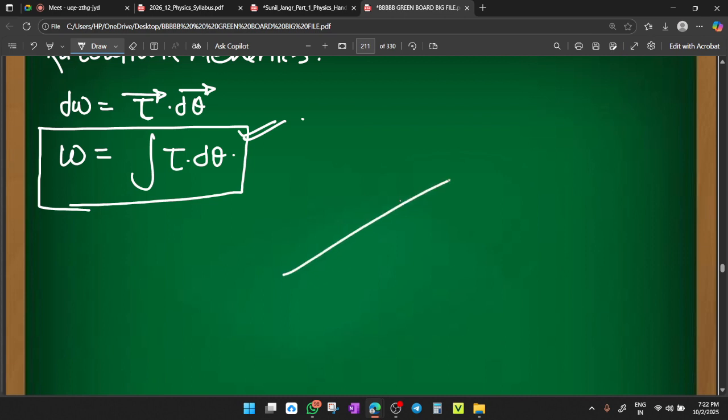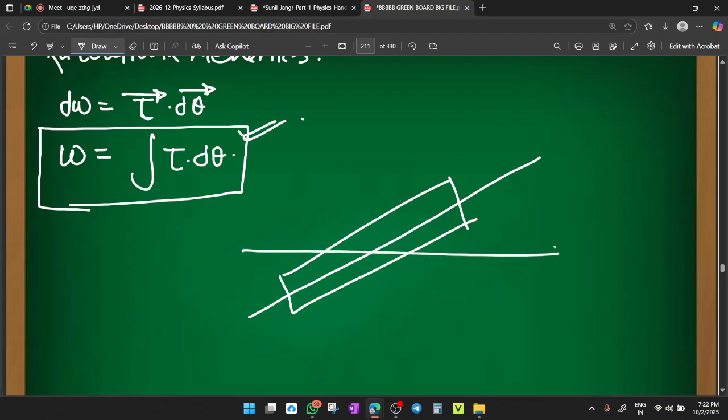And the situation is like this. This is our magnetic dipole. Initially, this is the direction of magnetic field B, and this is the direction of magnetic moment M. This magnetic moment is making an angle, suppose theta 1.